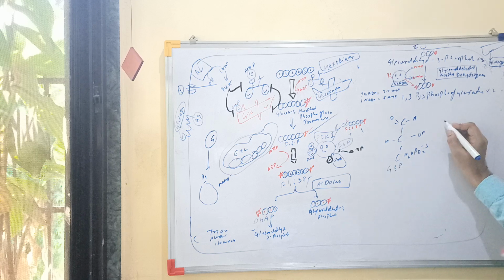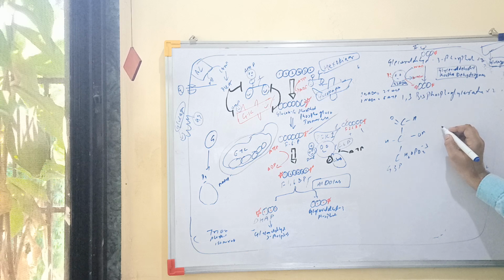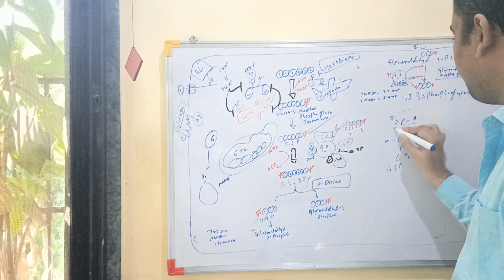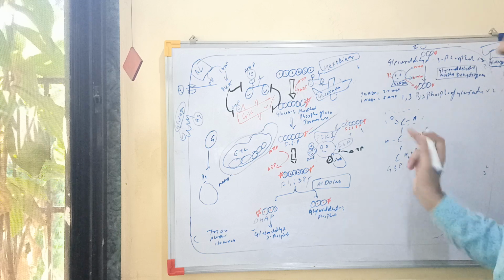Glyceraldehyde 3-phosphate. Now this glyceraldehyde 3-phosphate, this is your aldehyde group. Correct? This is your aldehyde group.